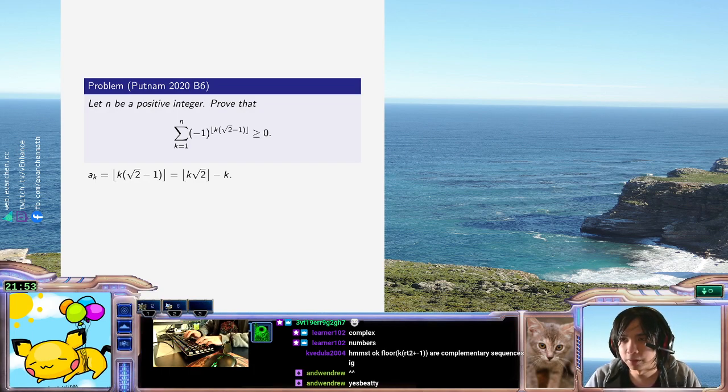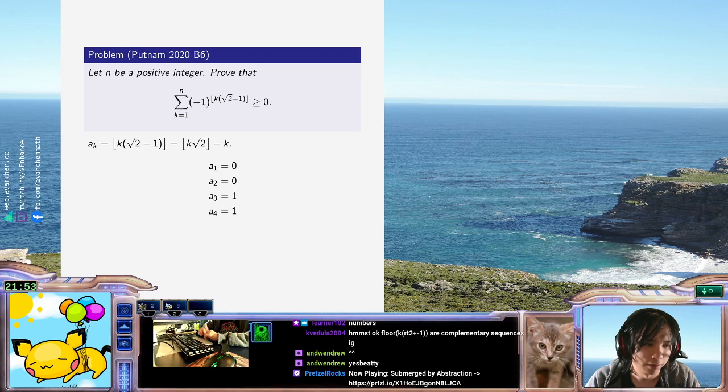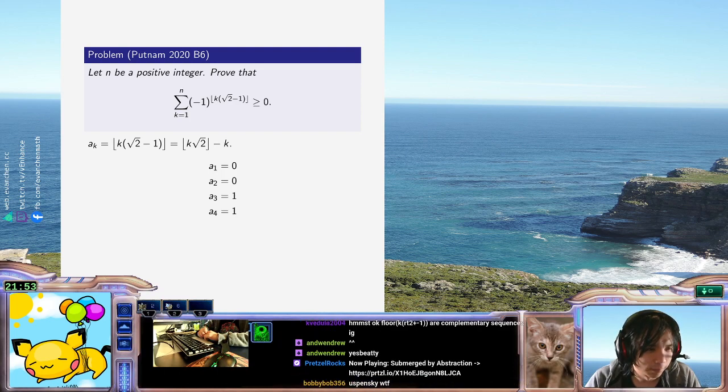Okay, so what do BID sequences say? BID sequences promise me that, let's see, floor of k root 2 minus 1. BID sequences don't work with numbers this small, right? Do they?